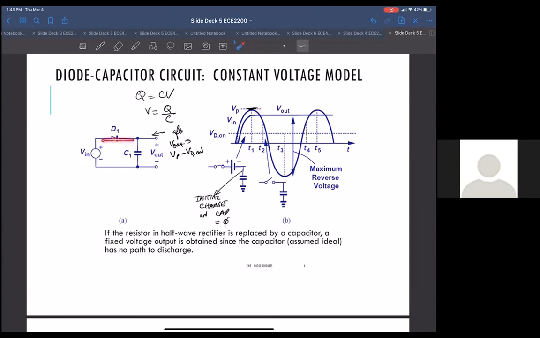There's no reason for this diode to turn back on, because the input has to go all the way back up to VP minus VD on before it turns on. At any point below that, any of these points, the diode is off. Here you could think of it as turning on, but because there's zero voltage between this point and this point, you still don't have any charge flow across. So long story short, the output just stays constant.